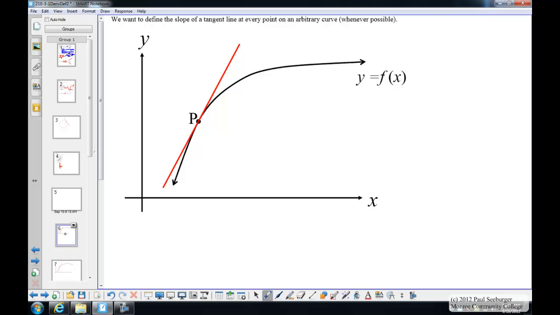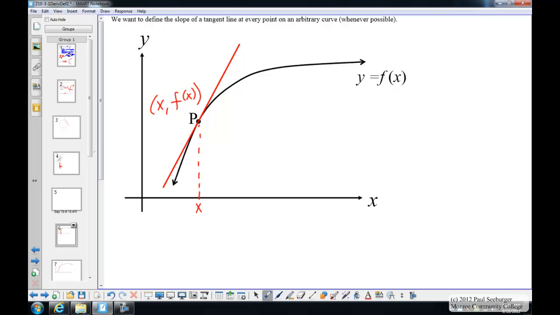Now, let me draw a few things on here that will help us. I guess we can use red for this. This is our x value, and x can be moved around. I suppose we could make it x sub 1 if we wanted to. It's a specific x coordinate we're going to work with for the particular point P. The coordinates of this point P would be what here? x comma f of x.